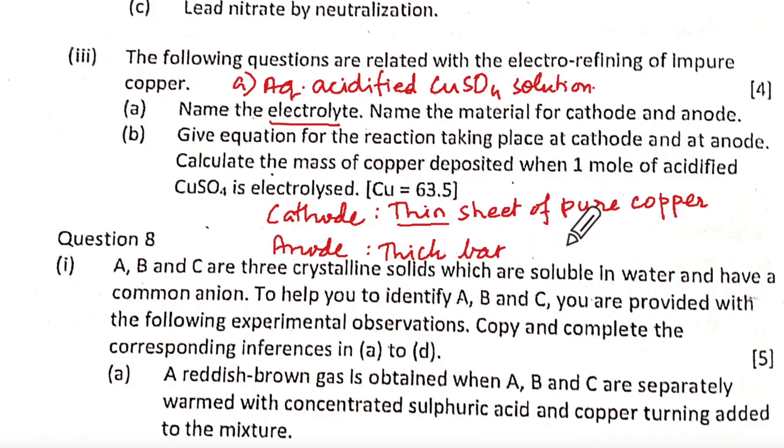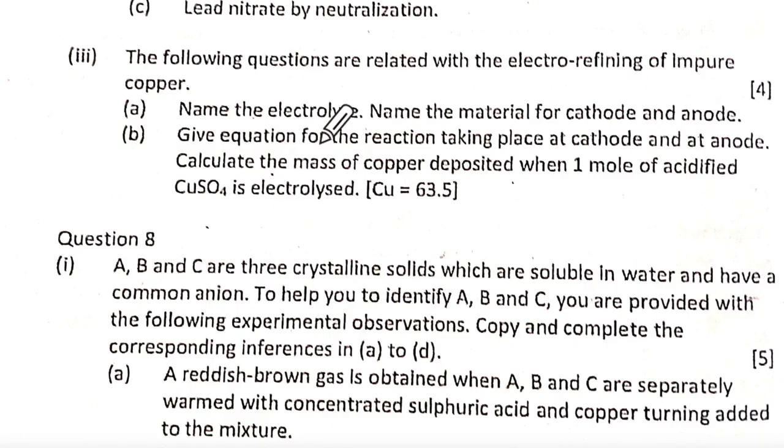I said thin pure cathode, don't say thick impure for it. Thick bar of impure copper. I just now checked one child and you are repeating the same mistake. Are you awake or sleepy? Sorry, ma'am. I am so tired myself. I've been working from 8 o'clock in the morning with no break. At least you all will get breaks in between.